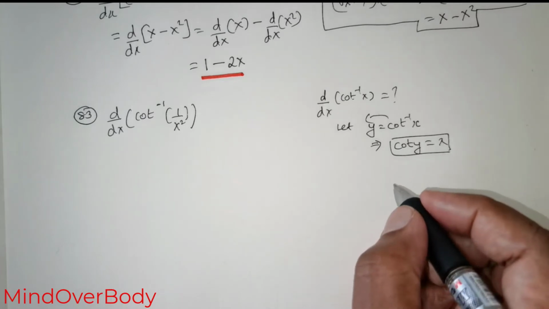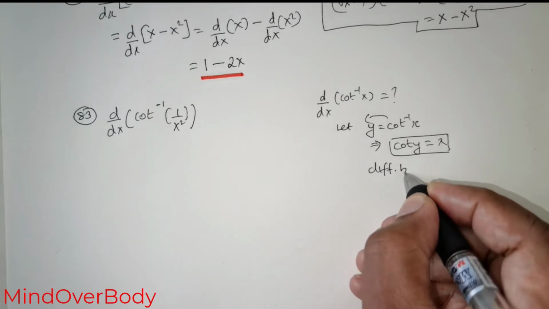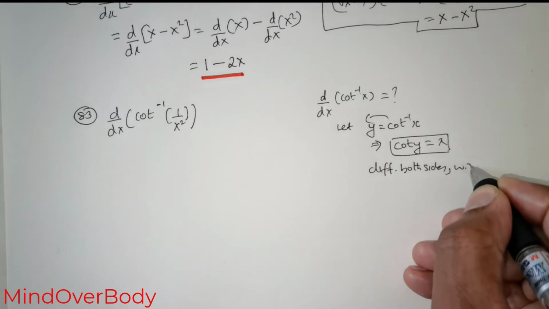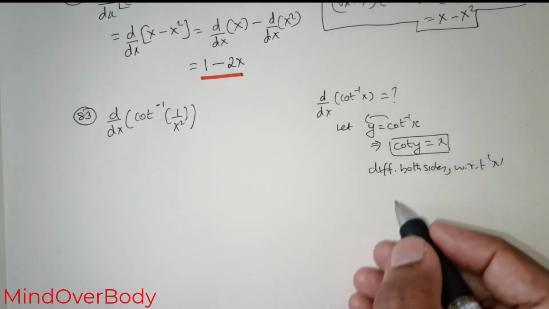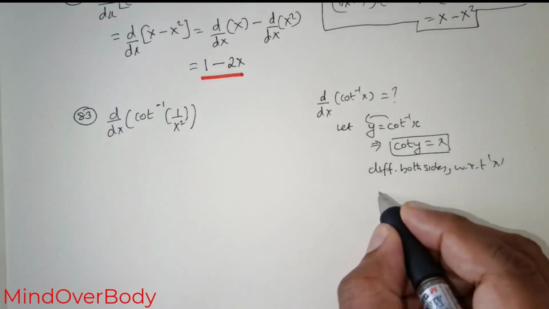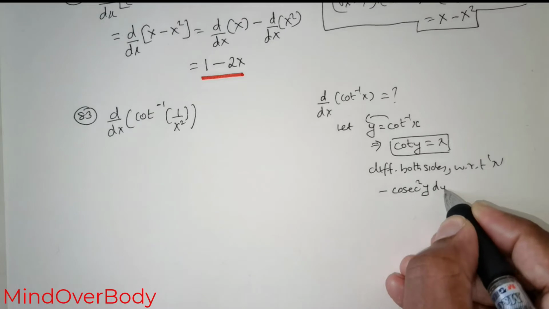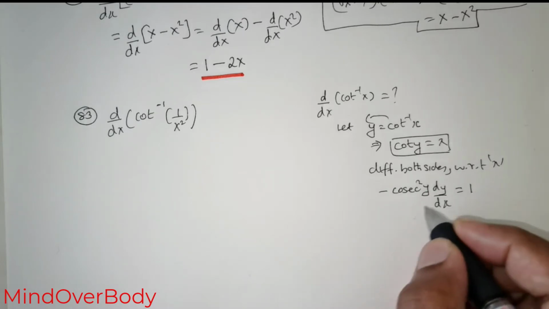Now I would like to differentiate both sides with respect to x. The differential of cot is negative cosecant squared y times dy over dx, and differentiation of x gives me 1.